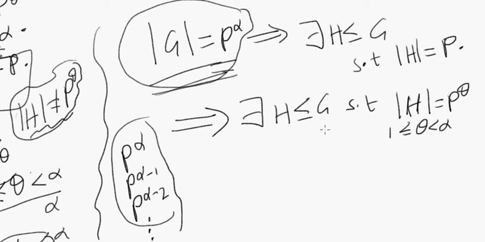Now we're picking any subgroup of G. Now we're saying that suppose the implication is not true. Suppose that actually there doesn't exist an H such that the order of H equals p to the theta. Well, what would that mean?